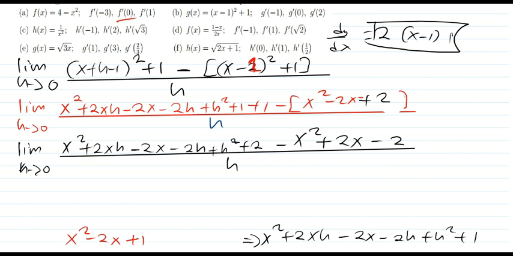Now let's see, x squared and x squared can go, 2x and 2x can go, 2 and 2 can go. It's going to give us 0, those two guys. What else can we see?